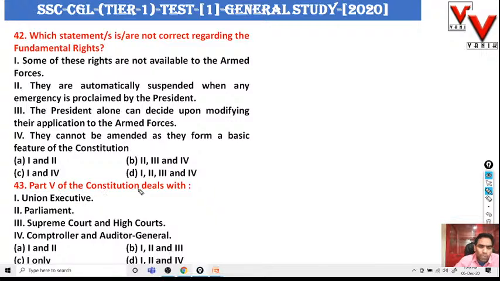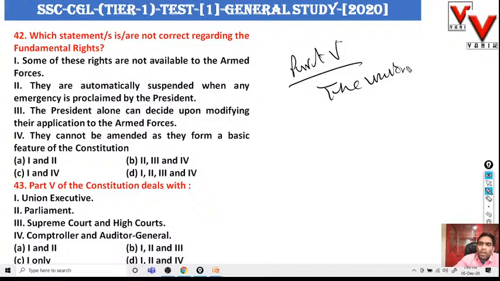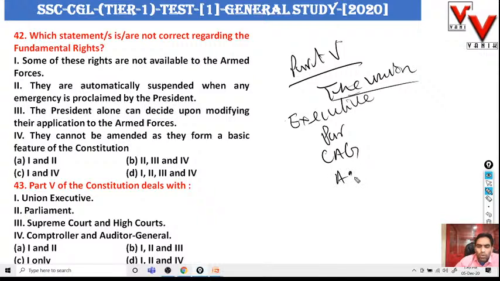43rd question. Part 4th of the constitution deals with... sorry, part 5th. Part 5th is the Union. Under this there is the executive, Parliament, CAG, Auditor General, and Attorney General.